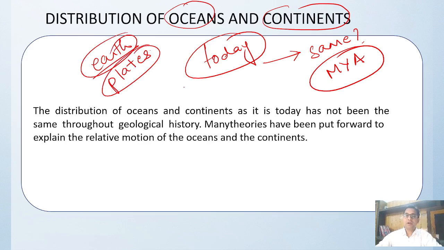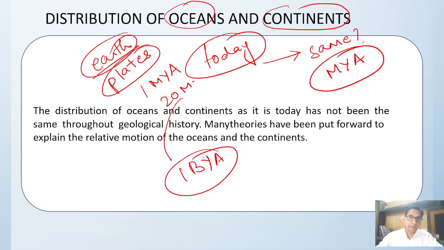But we don't know what happened 1 million years ago, 20 million years ago, or 1 billion years ago, right? So many theories have been put forward to tell how the oceans have moved, how the continents have moved. So we are going to study some of these theories over here.